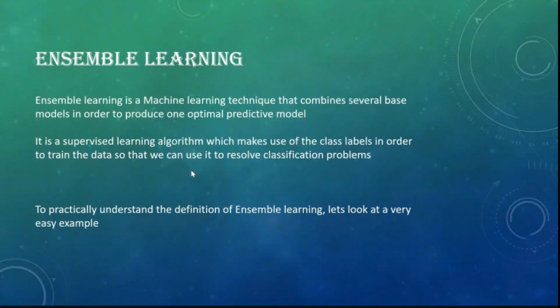Now, to understand ensemble learning very easily and interestingly, I have set up an example that is completely related to our day-to-day life. One key point to understand is that the examples I have taken are to understand the core concept rather than the technical concepts.